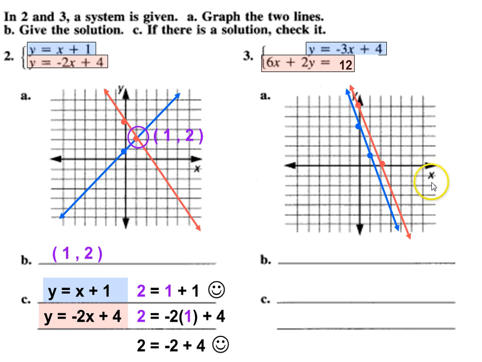So since they don't intersect, what that means is that there is no solution to this system of equations, because the lines don't intersect, and if they don't intersect, they are called parallel. So there's no answer whatsoever to this system of equations because when we graphed the lines, they did not intersect.